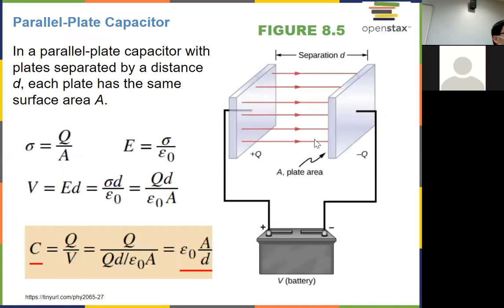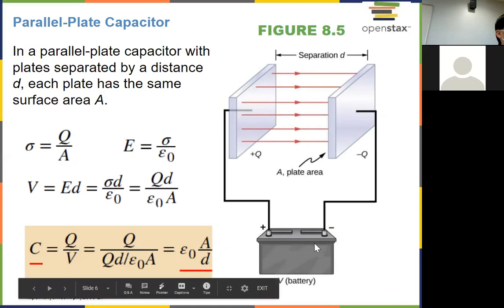Let's take a look at the simplest one you could actually make. Just put two pieces of metal close to each other, and then it's a capacitor. When you charge the capacitor, you are building up charge on the two plates. This is done with a power supply or a battery. The charge will flow onto the two plates.